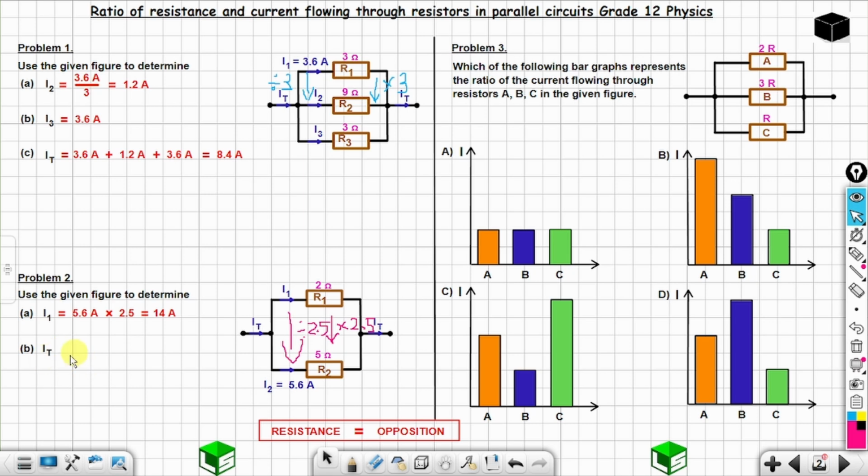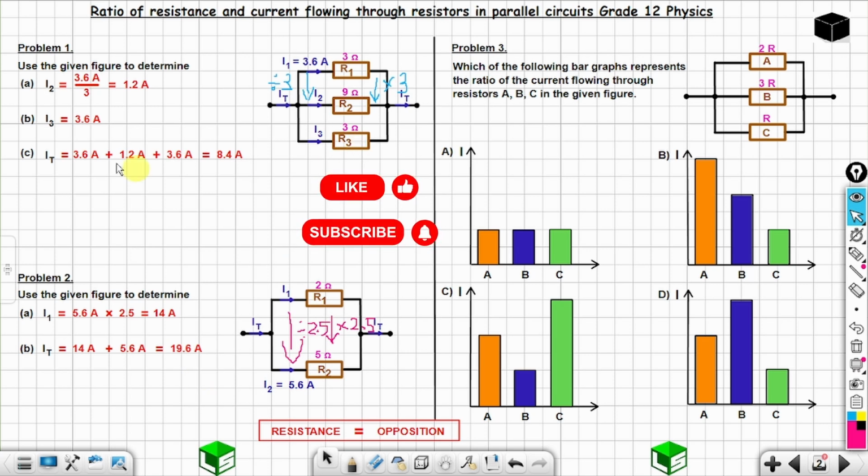Now IT, the total current. IT is equal to I1 plus I2, so 14 amperes plus 5.6 amperes. This is equal to 19.6 amperes.